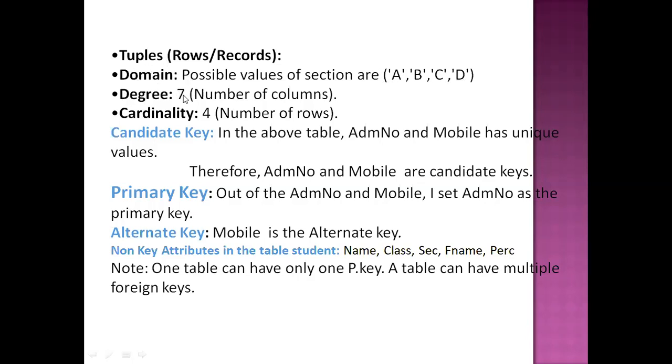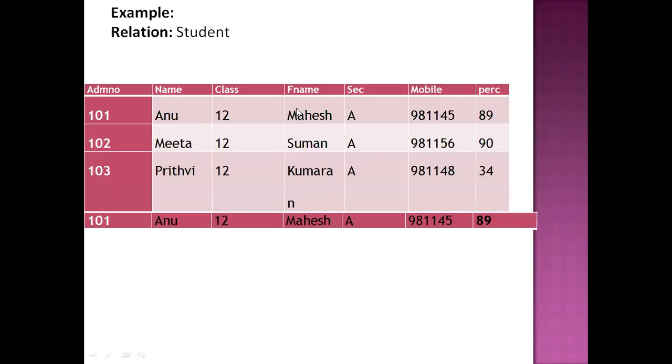And degree, what is degree? The number of columns in a relation. See the previous example: the number of columns in a relation, which are related with the admission number.